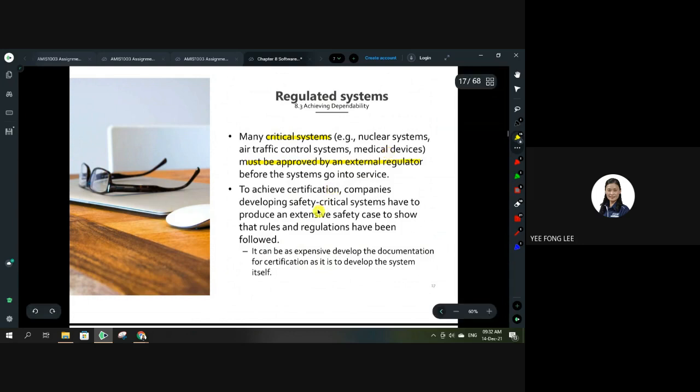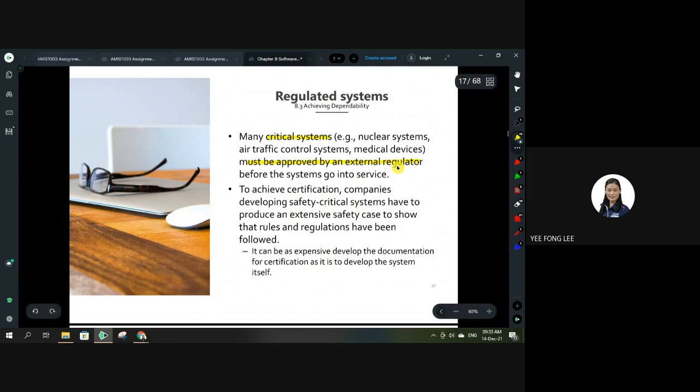So the government has created a set of rules and regulations which define the standards for safety and security. Regulators, or regulatory bodies, what is their job here?